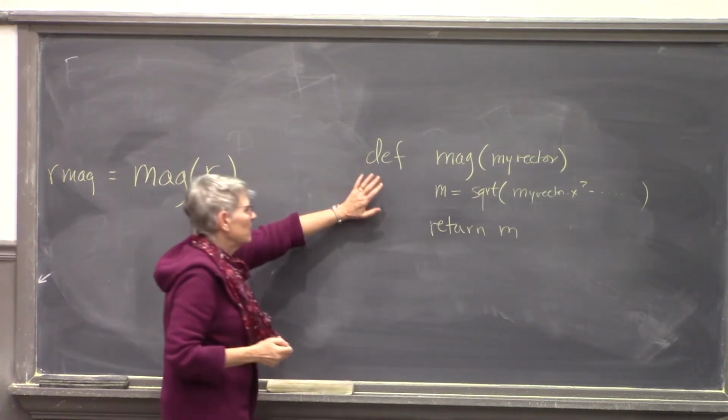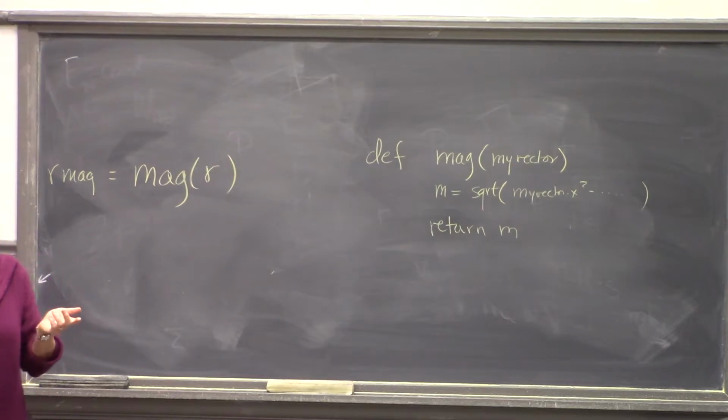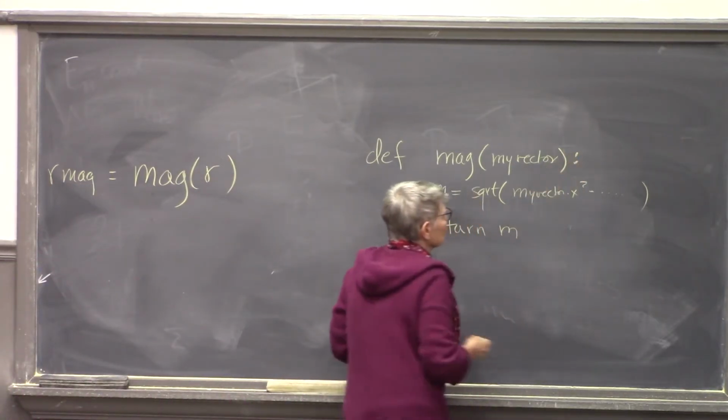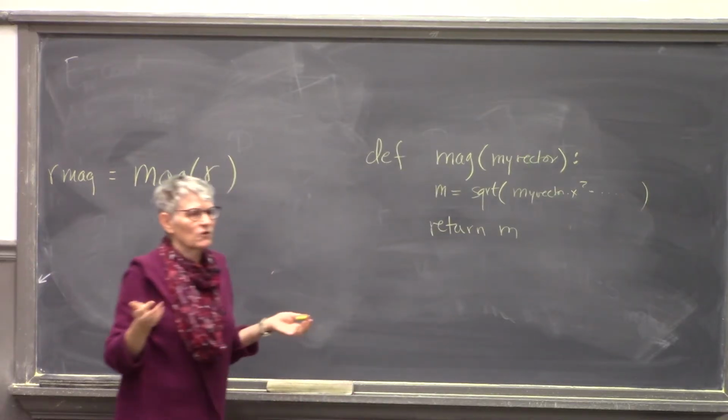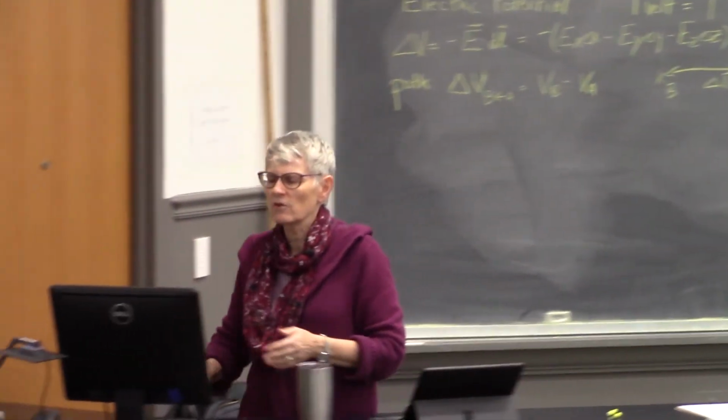So it does this calculation and then just gives you back the value. But you could have made this function yourselves. And the rule in Python is that functions have to come at the beginning of the program.